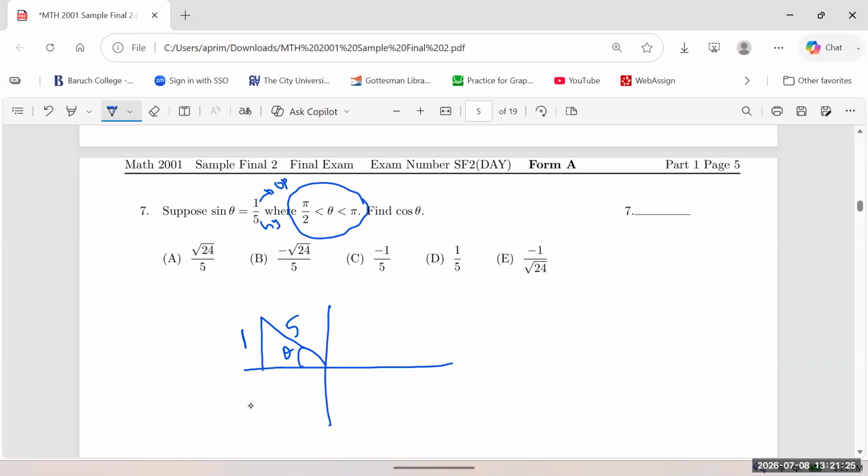Then what is the missing piece? 5 squared minus 1 squared, which is 25 minus 1, which is 24. Okay, and you're looking for cosine. So this 24 here must be negative because of the negative side. So we have negative square root of 24 over 5.